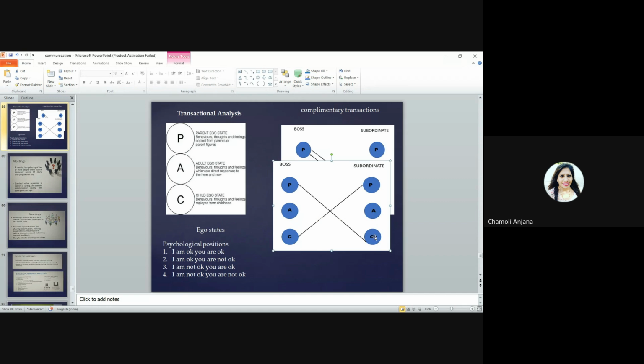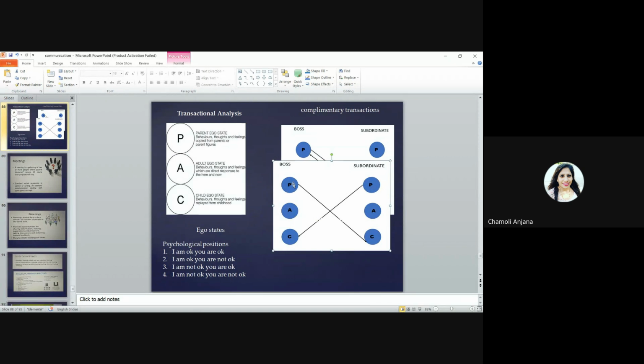You are supposed to come to the office on time. But here the subordinate is not acting as the child he was treated as by his boss. He is also acting as a parent, and he is treating his boss as a child and saying, why do you always question me? Not only me, even you are supposed to come on time. So he is acting as a parent now, and he is treating his boss as a child.